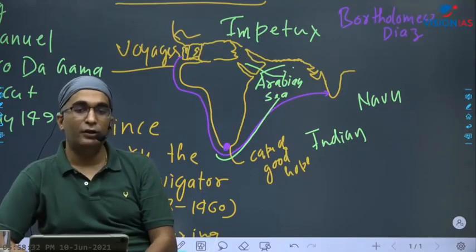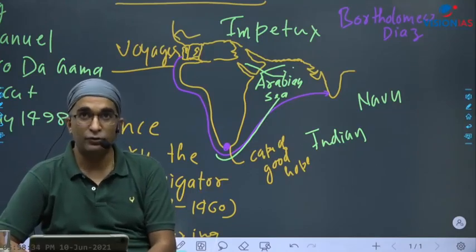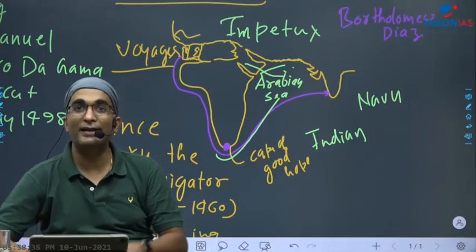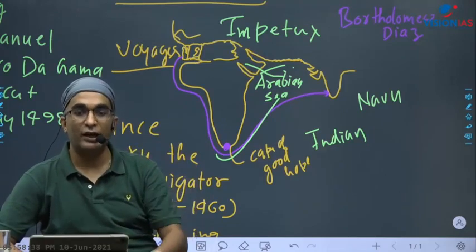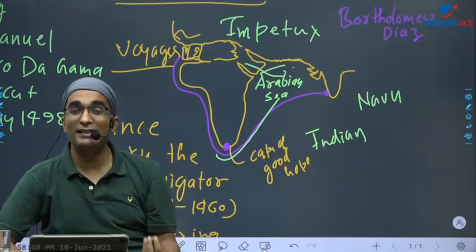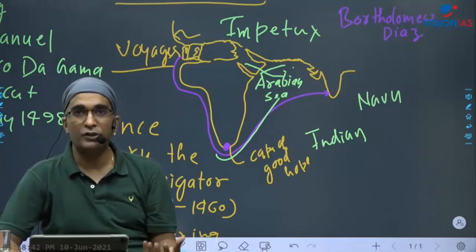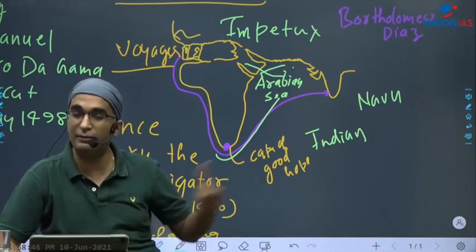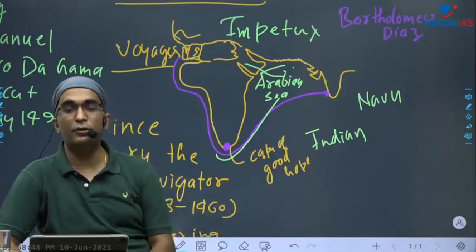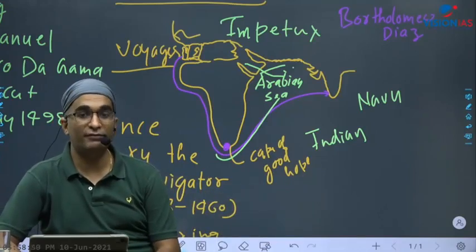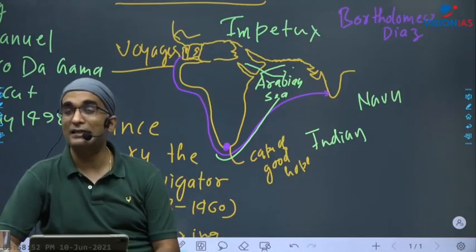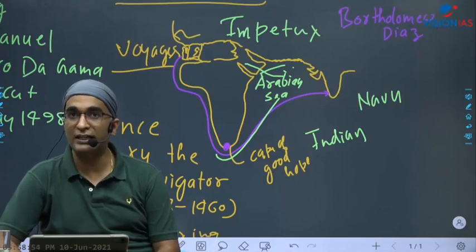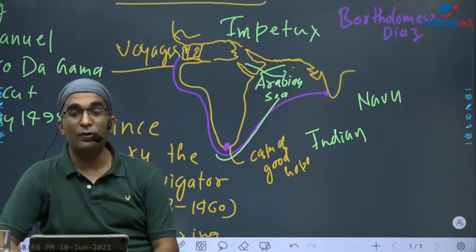Though initially Almeida was not successful, his vision was realized by the next successful viceroy in India. His name was Albuquerque. This is a difficult name, I'll be writing it on the board. Albuquerque, who was appointed in 1509, is considered the real founder of the Portuguese power in the East.